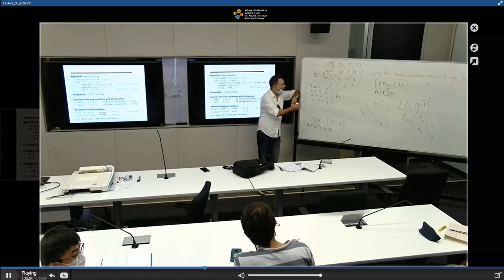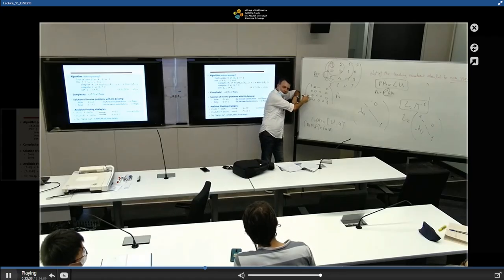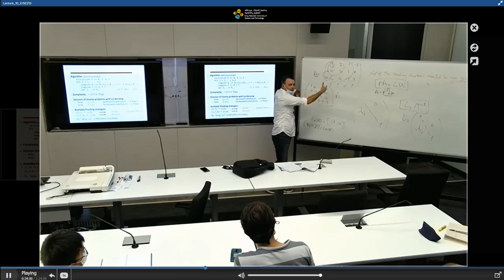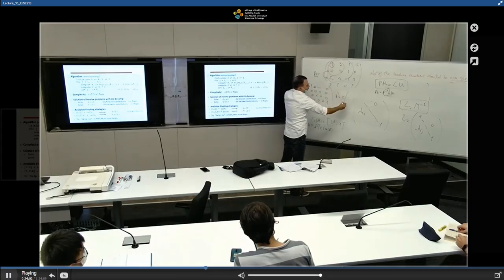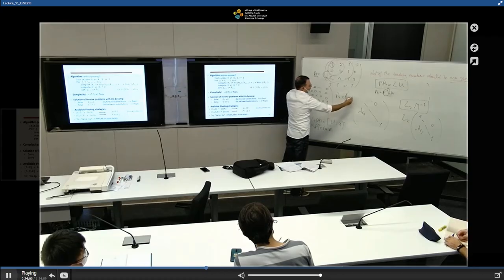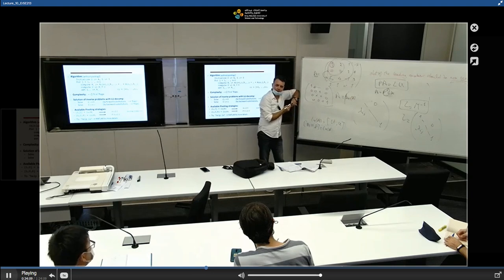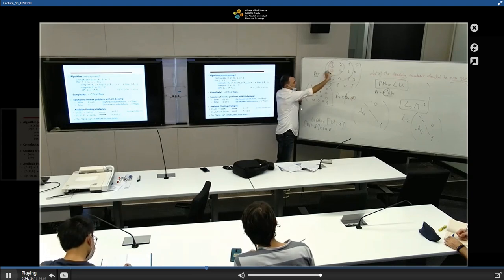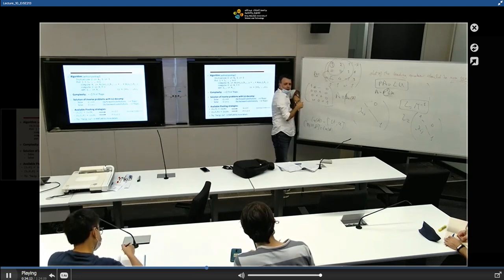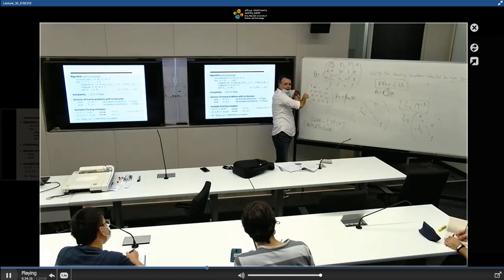I call this permutation matrix. You see what I mean? When you swap, this is a swapped matrix, if you want. So if I want to flip these, I should multiply A by this matrix. And if I flip another row, I multiply another matrix. At the end, I will get a P.